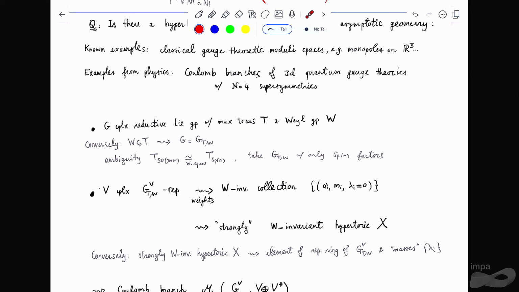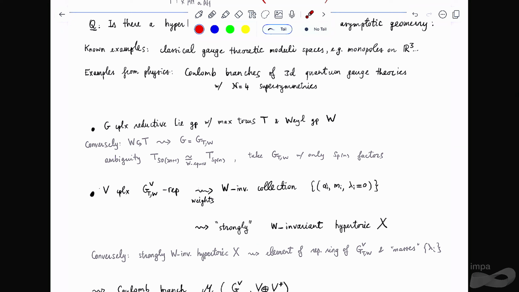that is the fact that the maximal torus of SO(odd) and the maximal torus of Sp are actually W-equivariantly isomorphic. So if you start with just the data of the maximal torus together with the Weil group, you don't know which one of the two you're going to have to associate to this.